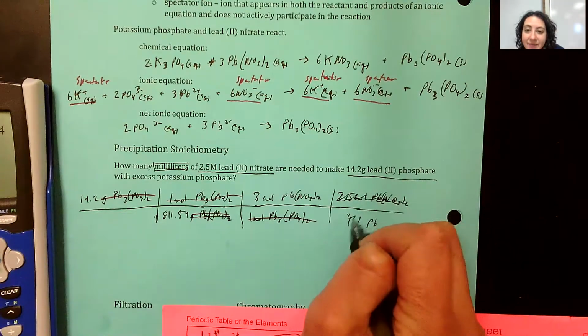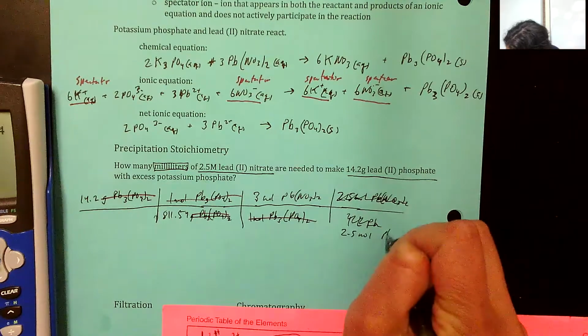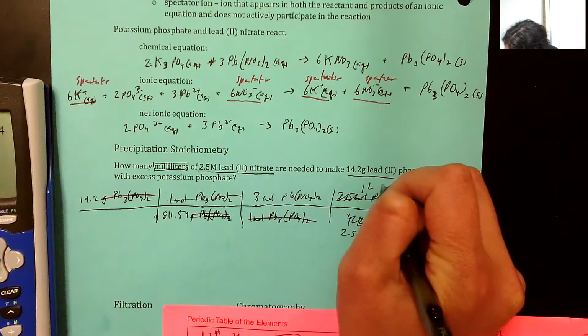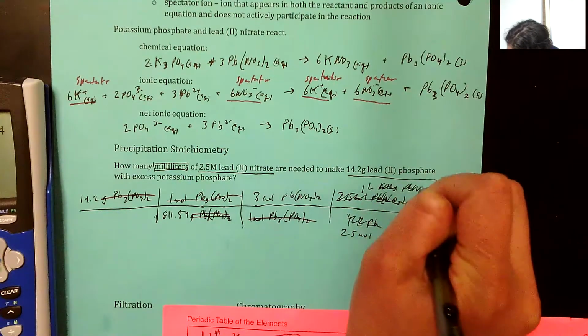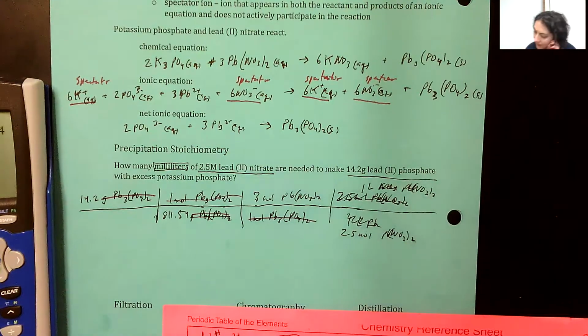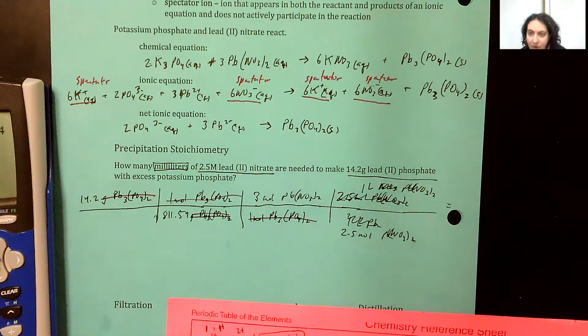This is why this is good. Okay, 2.5 moles. This is why I like to do skeletons, because it makes me check my work. Okay, so that's going to give us liters of lead nitrate, and I'm running out of space, so we're just going to stop there for right now, and then we'll do the milliliter.